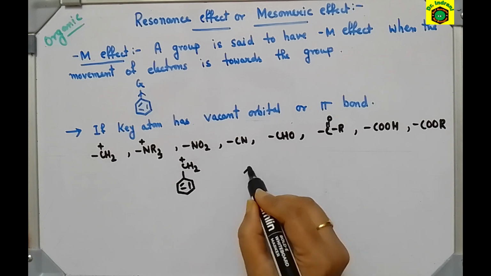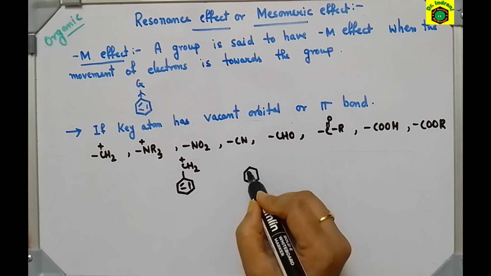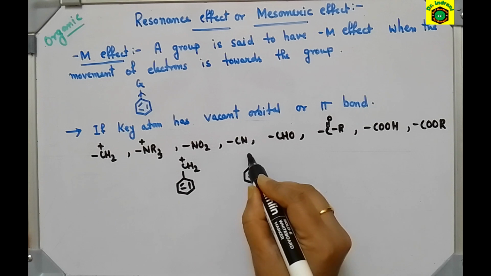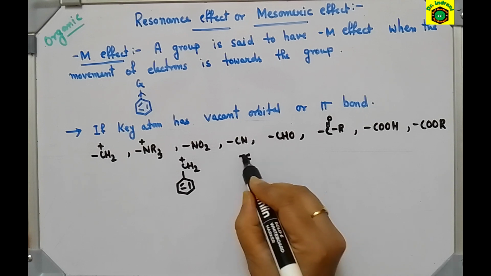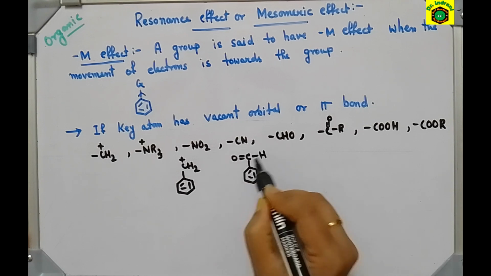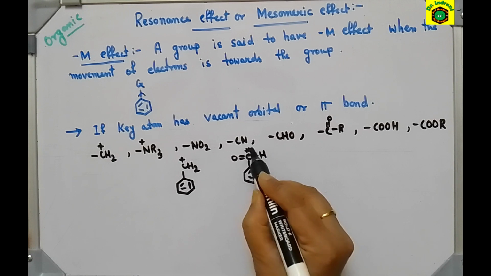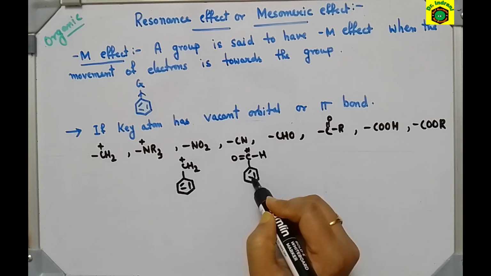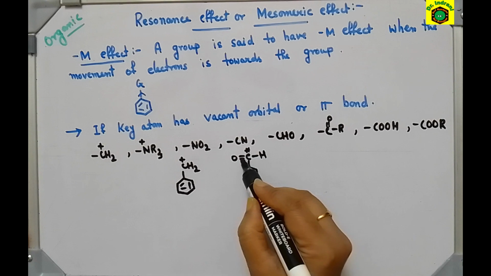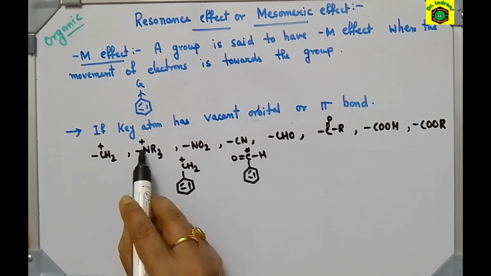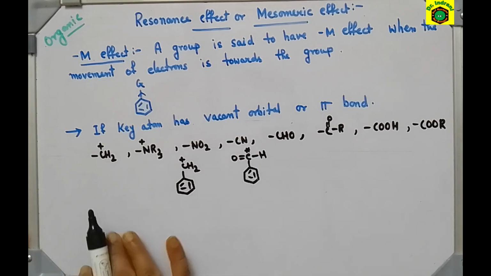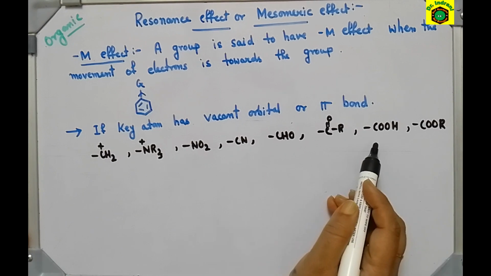Or think about this one, benzaldehyde. Here the key atom is this one, which is directly attached with the conjugated system. The key atom is having a pi bond. Here the key atom is having a vacant orbital. So all those have minus M effect.